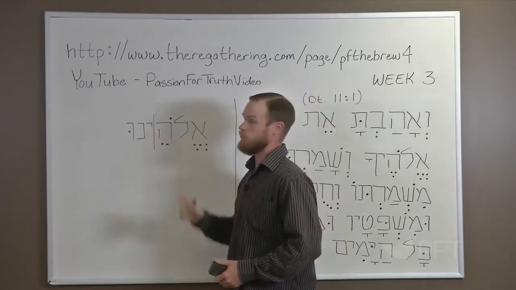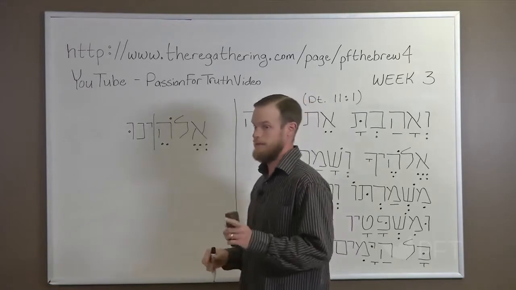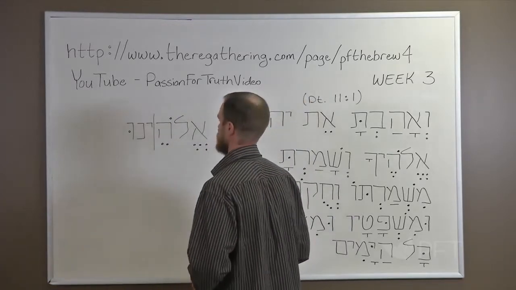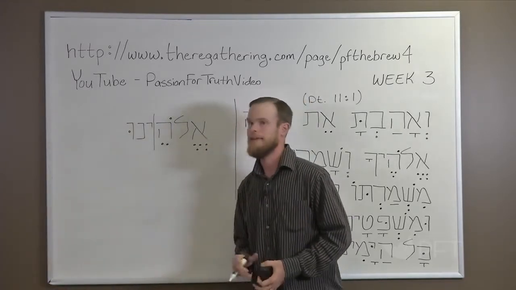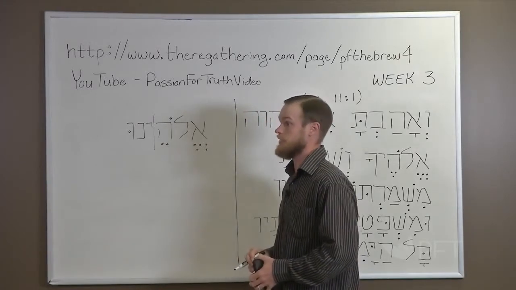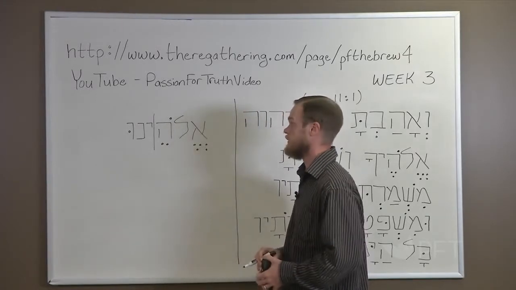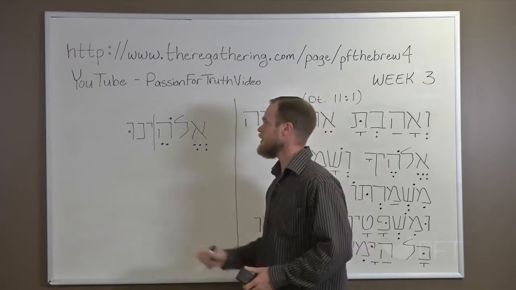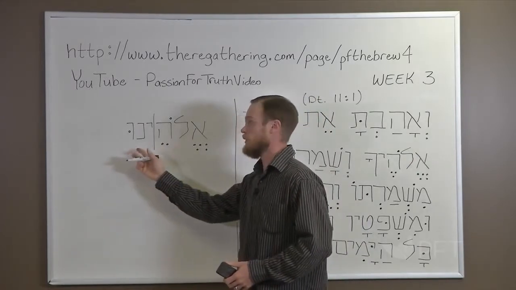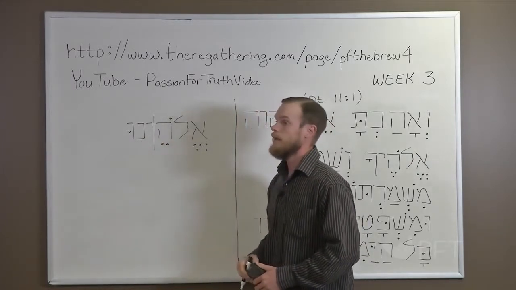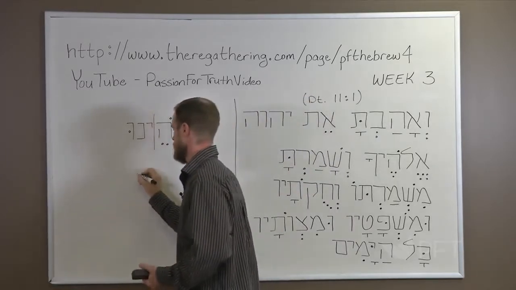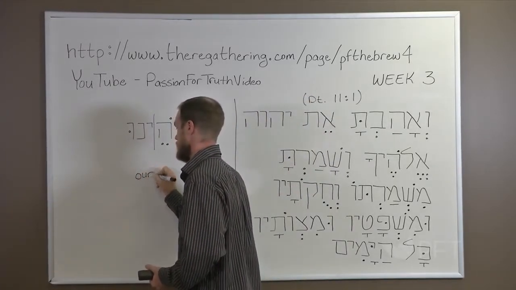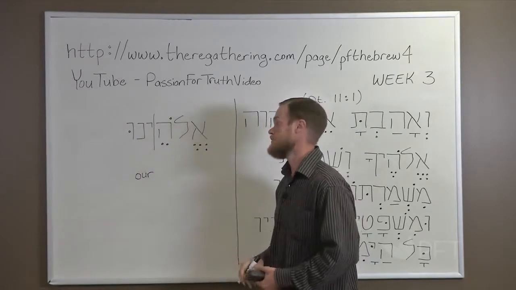And it is in fact the plural form. You might say, well, but I thought Elohim was singular. It is, but it's in a plural form, and so it takes the plural form of the suffix. So this suffix, enu, with the yod, indicates our, in the sense of belonging to us or pertaining to us.